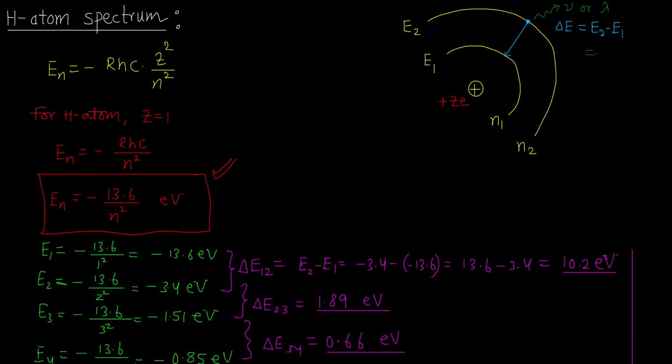This delta E, E2 minus E1, can be written as hc divided by lambda or h nu. And we will get an expression for 1 upon lambda very soon. So here the electron is making a transition from n2 to n1 energy level, and it is releasing the energy difference E2 minus E1 in the form of a photon or quanta.